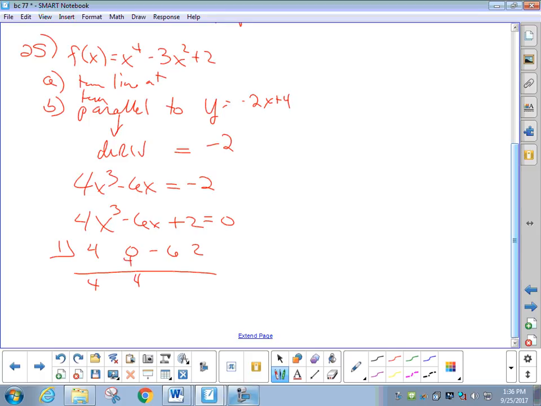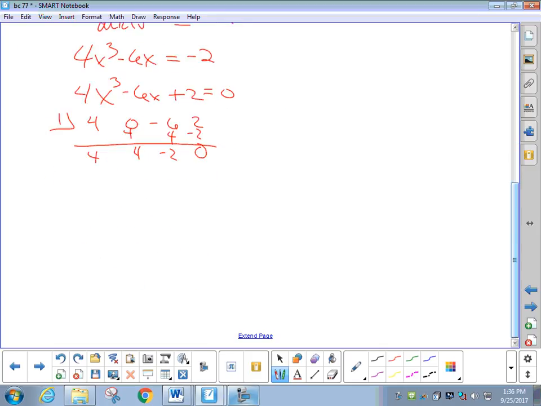So if I go on, I get that x equals 1 works, which is to say x minus 1 factors out. And if I take x minus 1 out of the cubic, then what's left is this depressed equation.